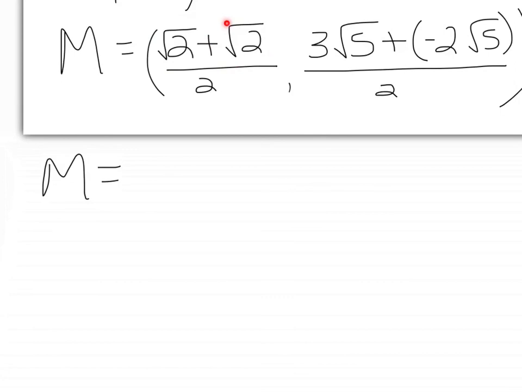Your radicand has to be the same, and your index has to be the same. So in this case, our index is 2. Remember, there's an imaginary 2 here and here. And our radicand is 2 in both. So therefore, we can go ahead and add them together. So the square root of 2 plus the square root of 2 is 2 square roots of 2. And don't forget your over 2 that you have right here.